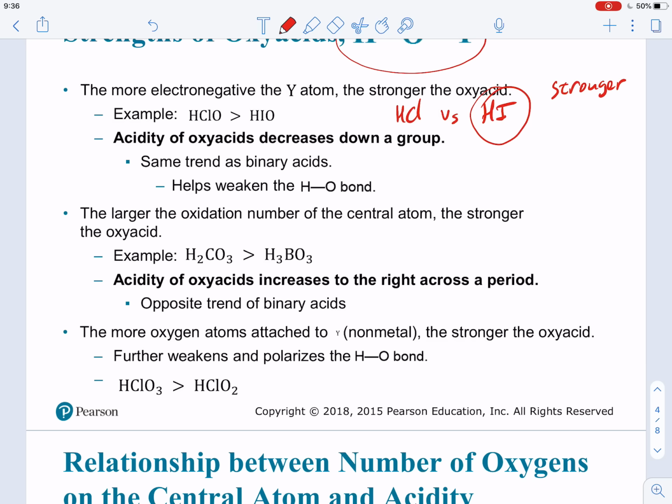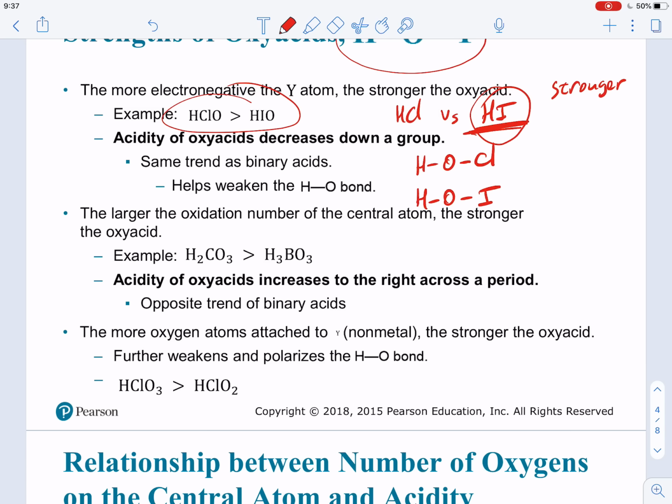But here we are seeing the opposite. Now, why is that? Well, in this case, iodine is less electronegative, right? Because it's less electronegative, here in this case, the bond between the hydrogen and the iodine is weaker. But now what we are comparing is this versus this.